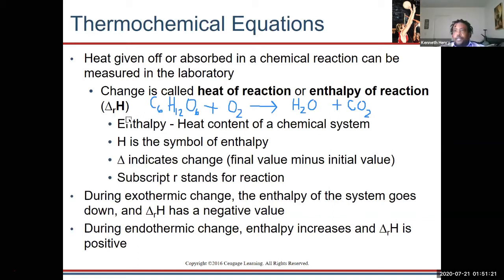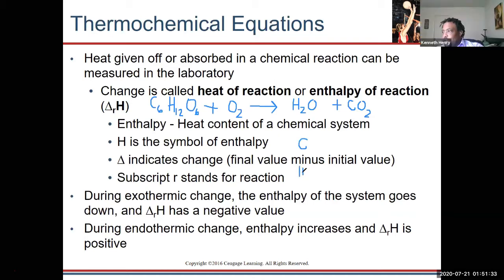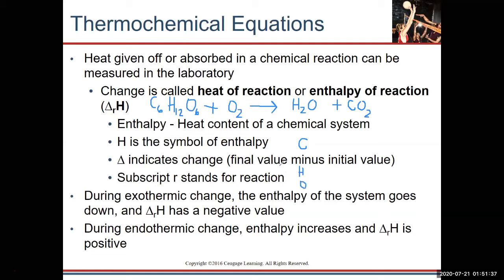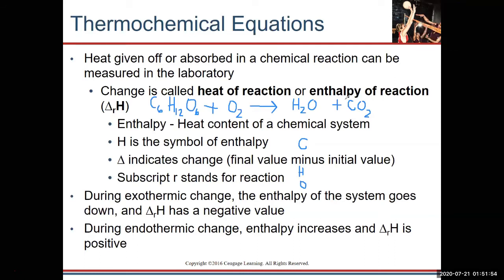Okay, who was doing that? Somebody started it. Oh, you could put a 6. Where? On the product side, on the carbon.